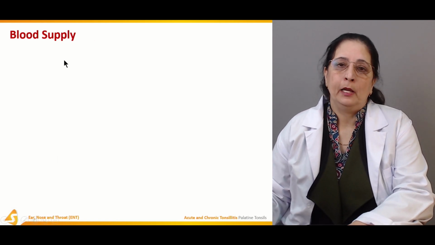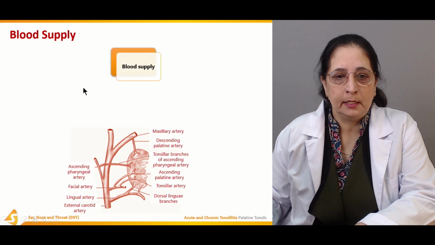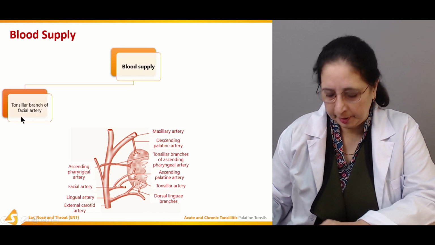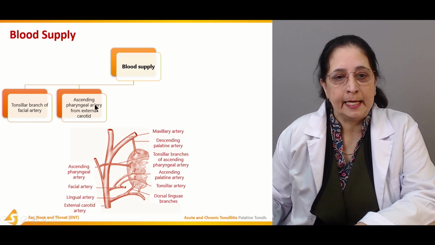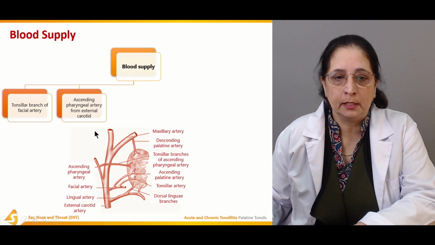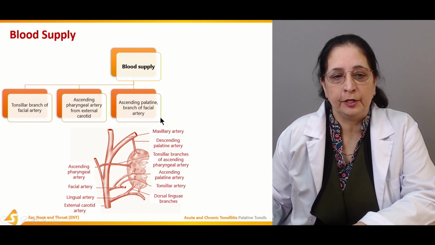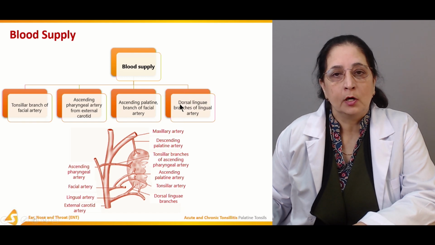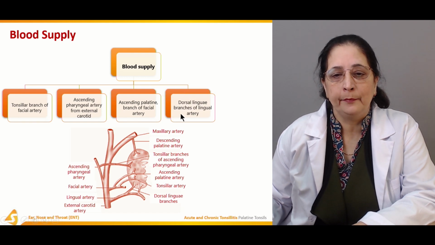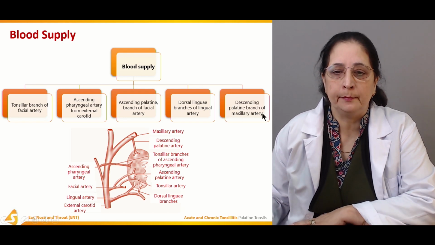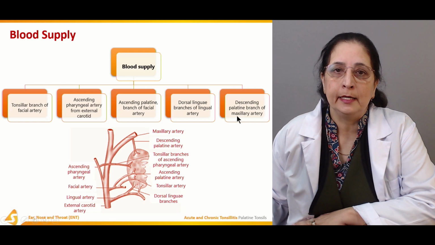The blood supply of the tonsils is the tonsillar branch of facial artery, then the ascending pharyngeal artery from external carotid, ascending palatine branch of facial artery, dorsal lingual branch of lingual artery, and descending palatine branch of maxillary artery.